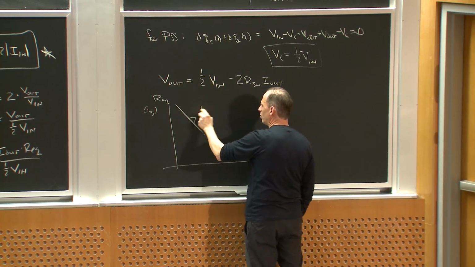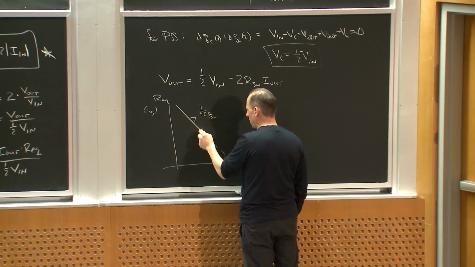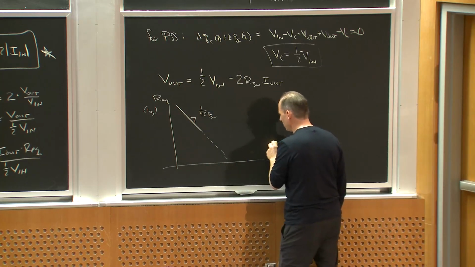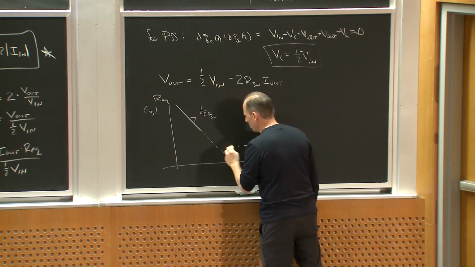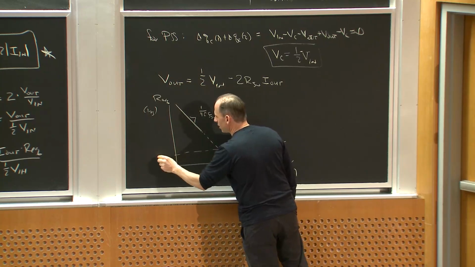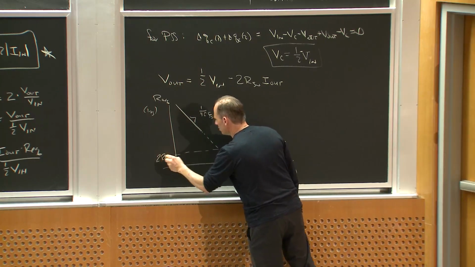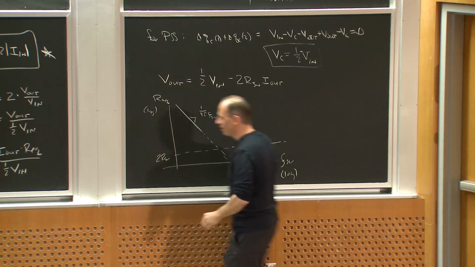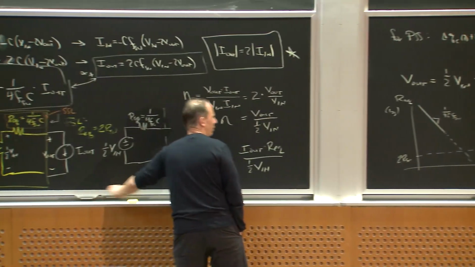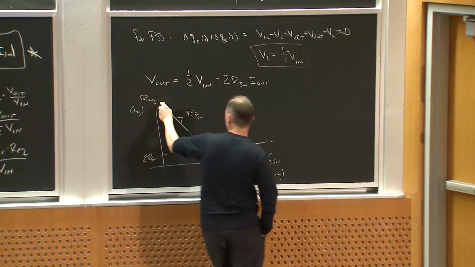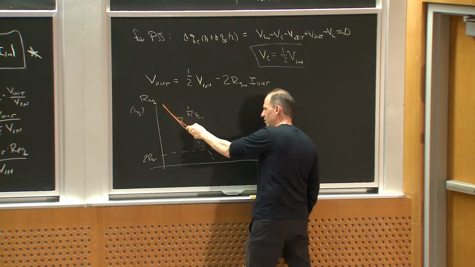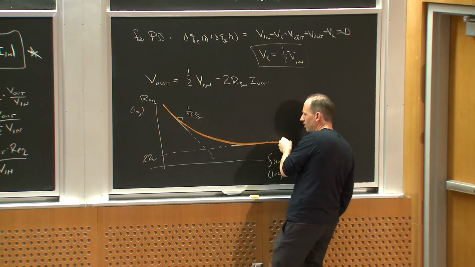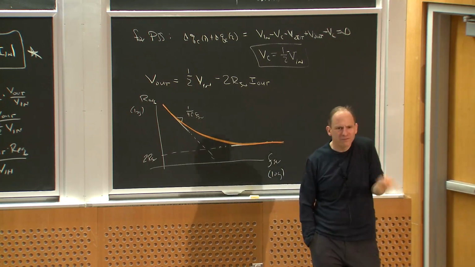This is 1 over 4 C F switch, okay? And then it's going to have some minimum value, which is 2R switch, right? And the actual value you're going to get is going to do something like this. All right, so there's some limiting efficiency you can get to.